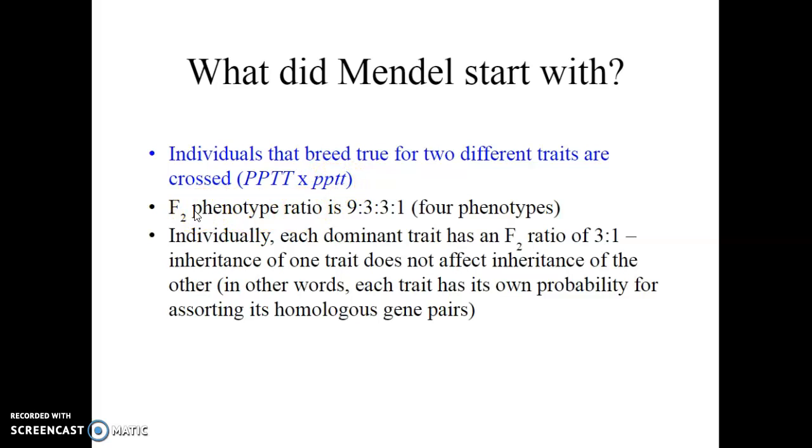So F1, all the offspring then ended up being hybrid for both traits, because this parent can only give a capital P, this one can only give a little p, this one can only give a capital T, this one can only give a little t. And as a result, all the offspring will be dihybrid. And so that's the setup for a dihybrid cross.